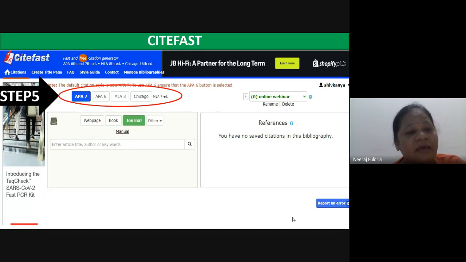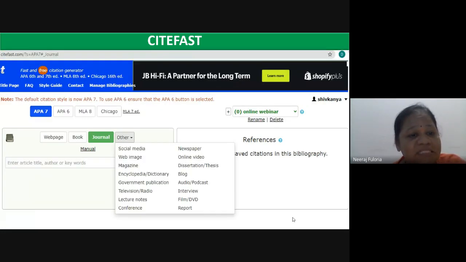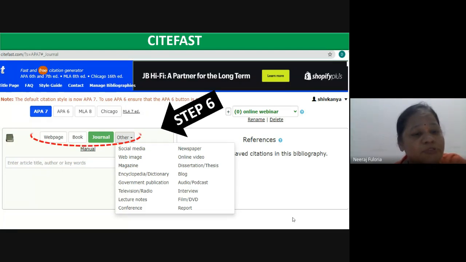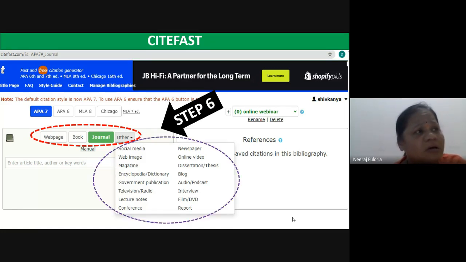Just now you can see I have created the account and made a list called online webinar. This is step 5. Here we have a lot of options to generate references. We can create references for a web page, a book, a journal, and others. Manually, you may not be able to create references for a web image, a dissertation, a newspaper, or, as Dr. Neeraj just discussed with you, government policies.